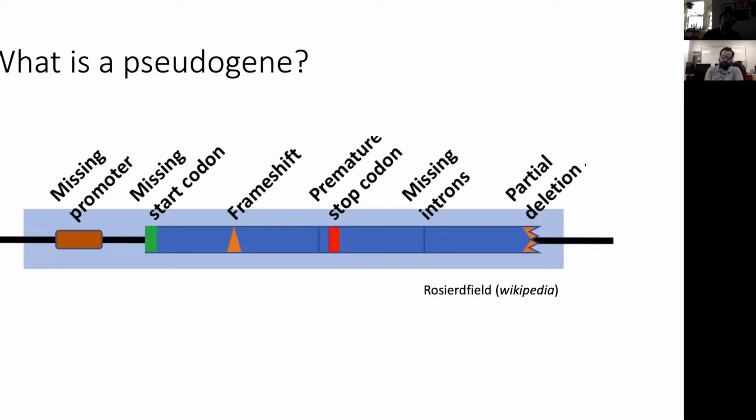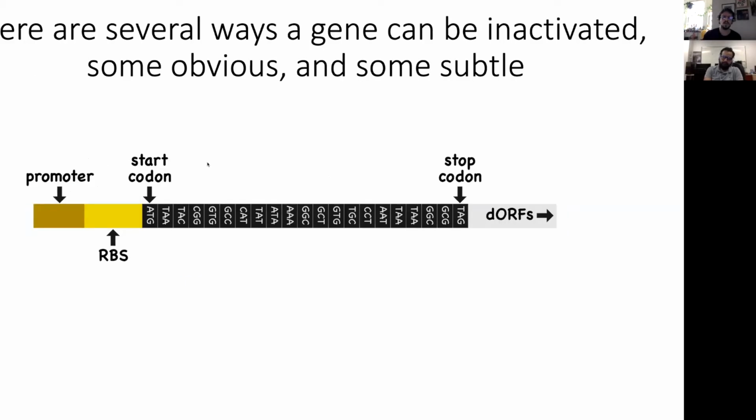Let me talk a little bit more about what each of these things mean. A pseudogene is basically a gene that's inactivated, and there are a number of ways that it can be inactivated, as I just mentioned. Some are obvious and some are subtle. This is the basic anatomy of a gene.